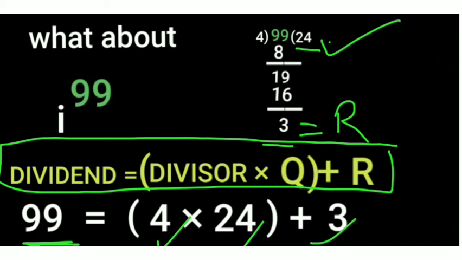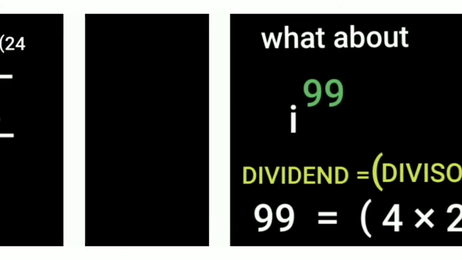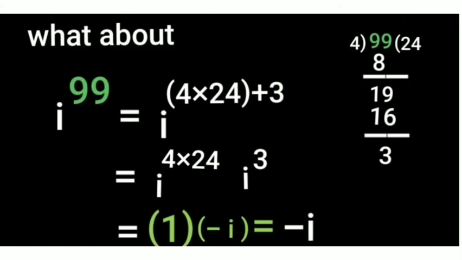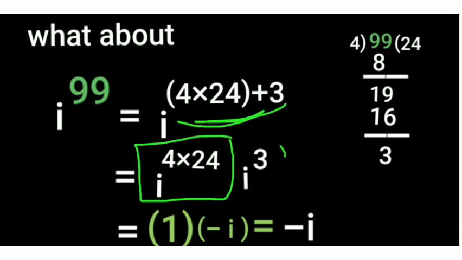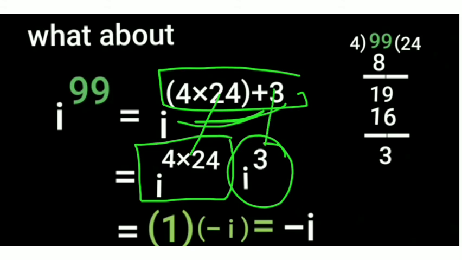So 99 is 4 into 24 plus 3. 4 into 24 is a multiple of 4, and we have already discussed that every fourth power gives 1 only. So the leftover power is i cube, which we have seen is minus i.